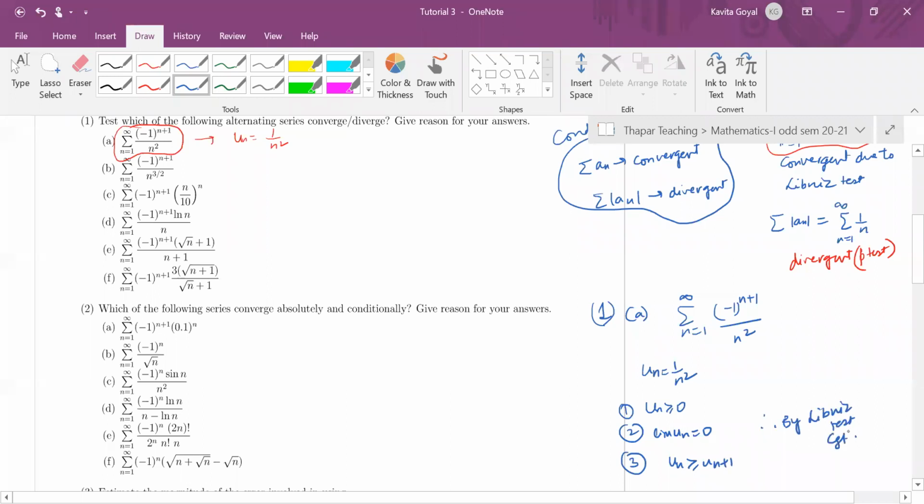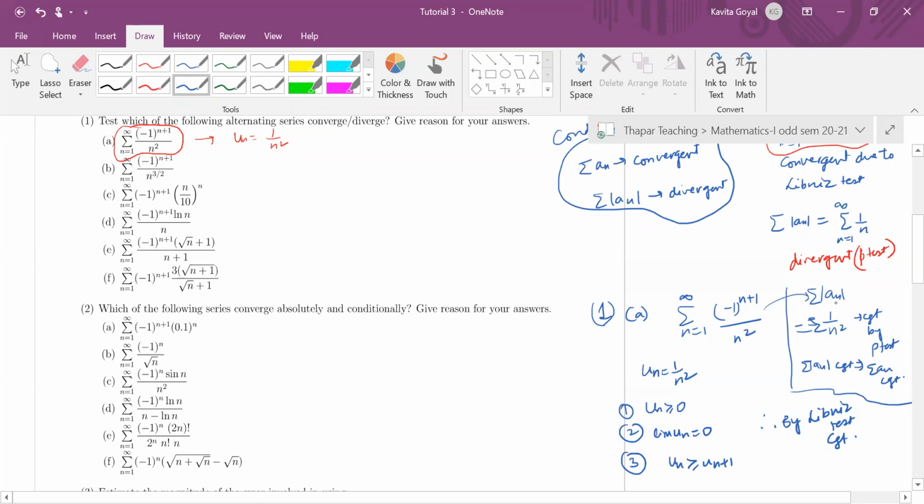Is that okay? If you are saying by p-test, then exactly what you are saying is you have taken the mod series, which is 1 by n square, and that is convergent by p-test. Then you will also write that sigma an convergent implies sigma mod of an convergent implies sigma an convergent. That is why your series is convergent.